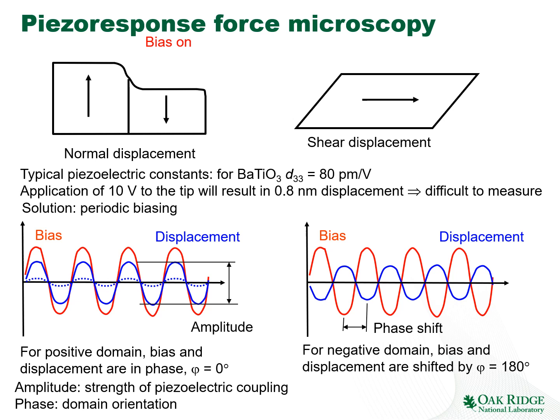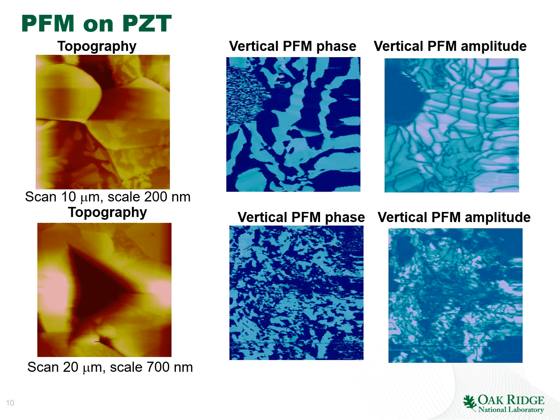For a domain oriented in the opposite direction, the bias and displacement would be anti-phase. They would be shifted by exactly 180 degrees. Notice that for material with the polarization in plane, we will also have a shear displacement of the surface, and this is also something that can be measured in PFM.